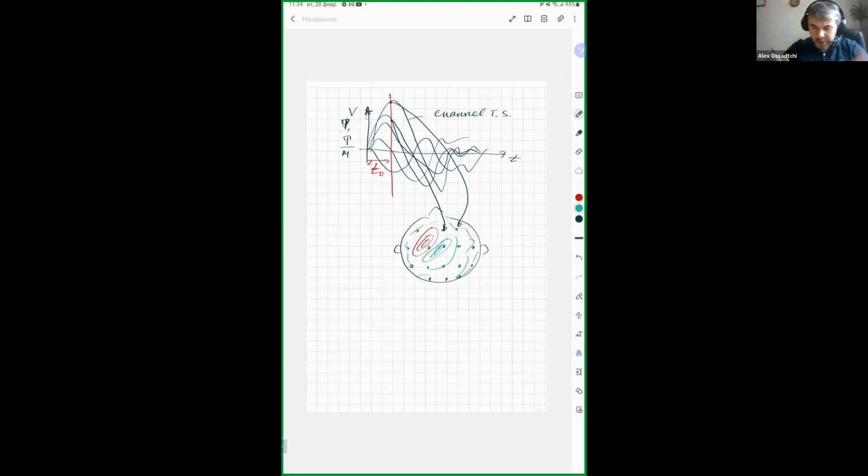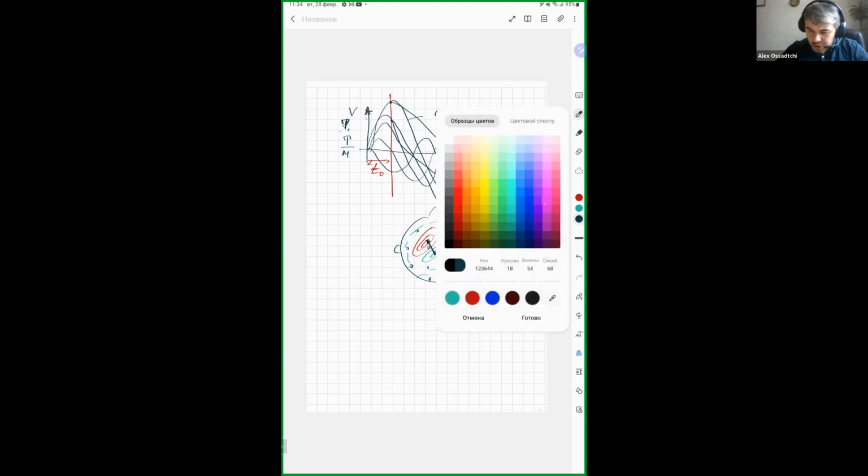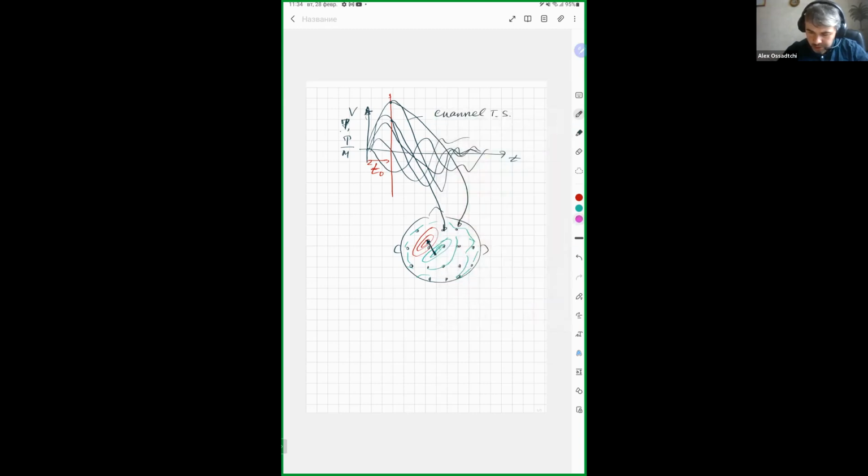But this is the most pronounced one, which ideally corresponds to a dipole. And if you are measuring EEG, then this dipole will be oriented approximately this way. The EEG this way, yes, and MEG this way, right? Because this corresponds to a dipole that is located somewhere in the brain, producing magnetic fields, right?